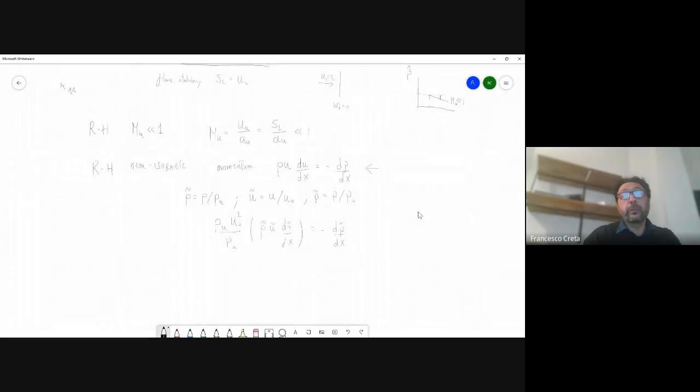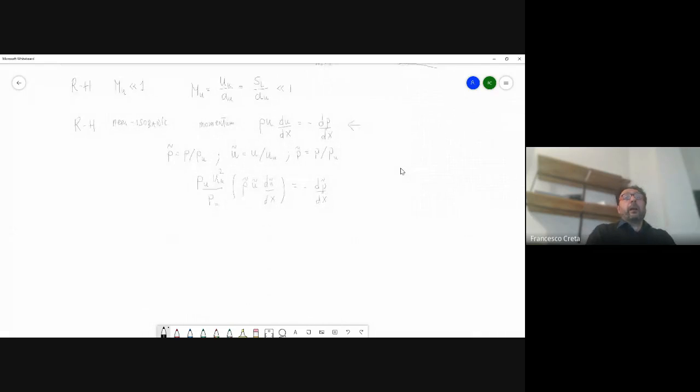Okay, so I'm just doing a very fast treatment here. Now, what does this term mean? Well, if you use the equation of state, it's very easy to show that this is essentially gamma Mach number squared.